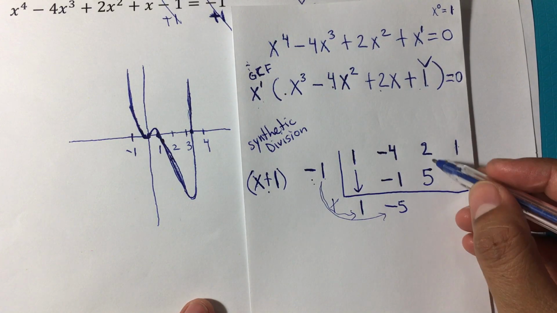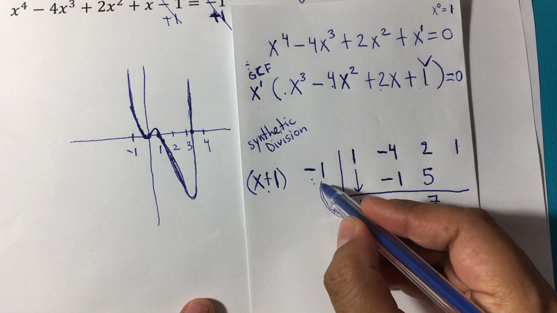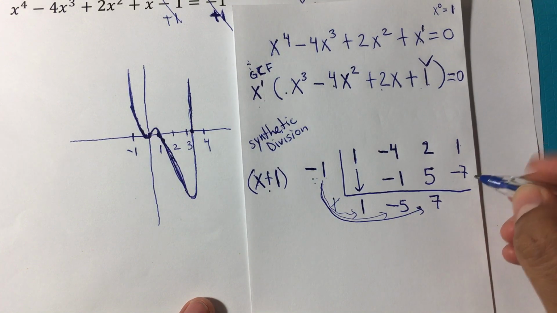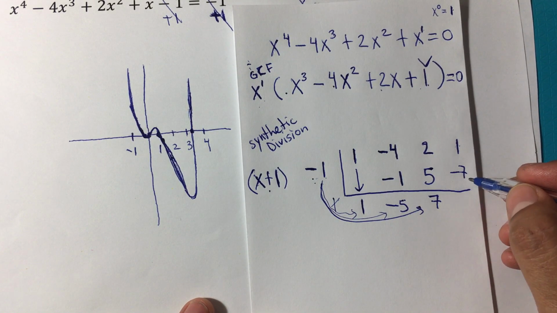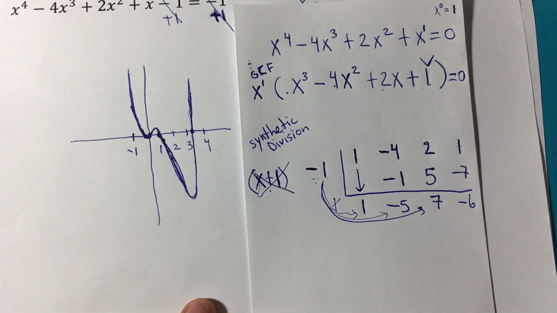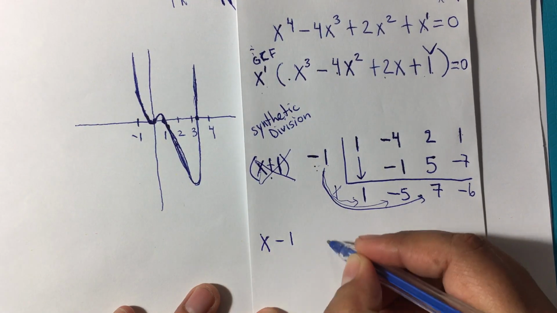We combine, 2 plus 5 is 7. Multiply again, negative 1 times 7 is negative 7. Combine 1 and negative 7 is negative 6. So no, this does not work. That's not a factor. Let's try with x minus 1.